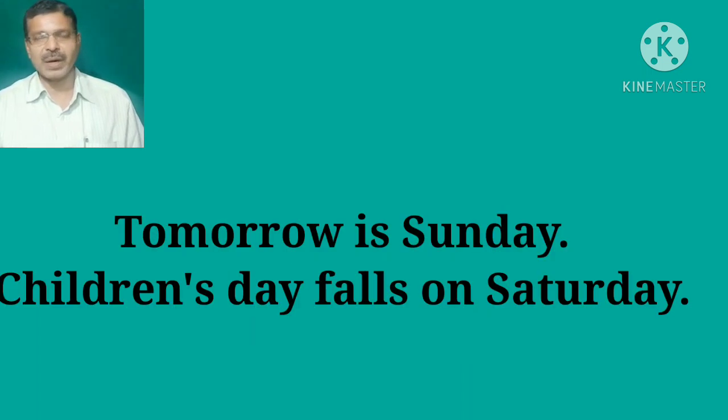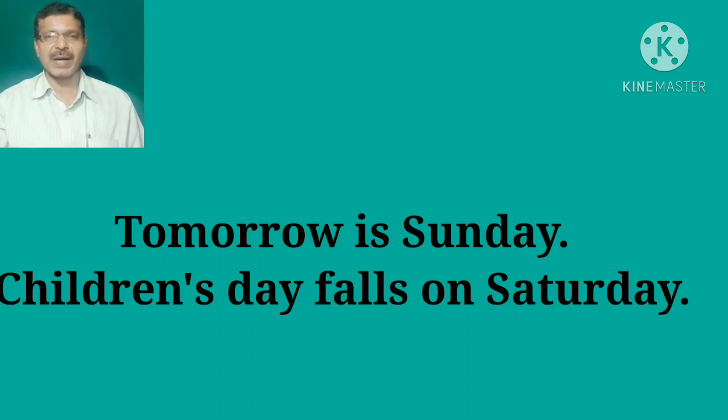So now you look at the sentences. Tomorrow is Sunday and Children's Day falls on Saturday. From these sentences you can guess and discover the tense. The tense used here, present or past?